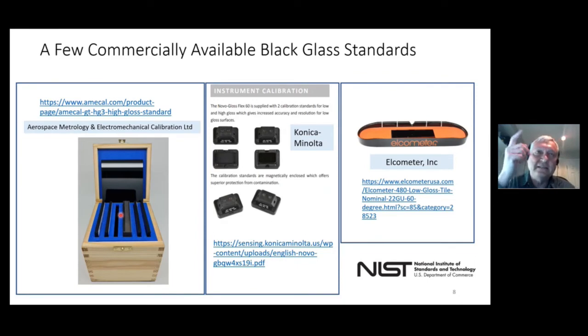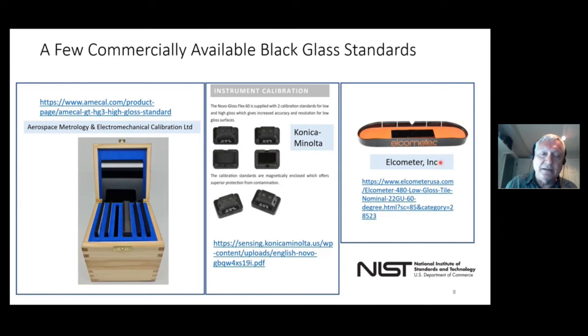That would be a size consistent with the Lucideon ceramic color tiles that many people, including NIST, use as color calibration standards. At the center, Konica Minolta offers a black glass with their Nova-Gloss Flex 60 instrument. I think these have a magnetic base so they can attach to the instrument when not being used so that they're not lost. That's a great idea.